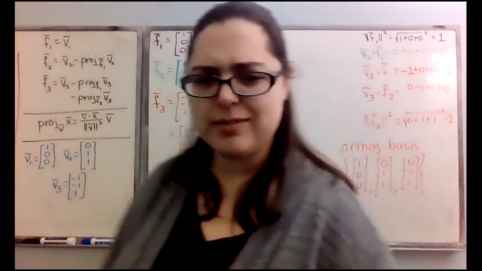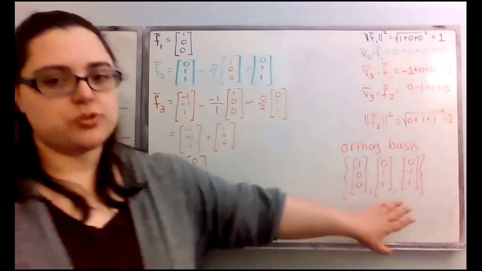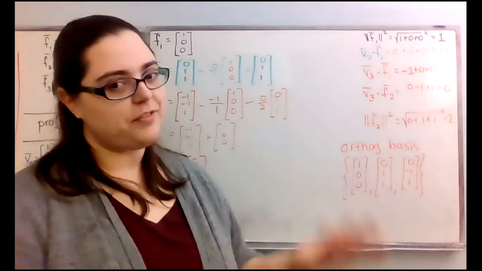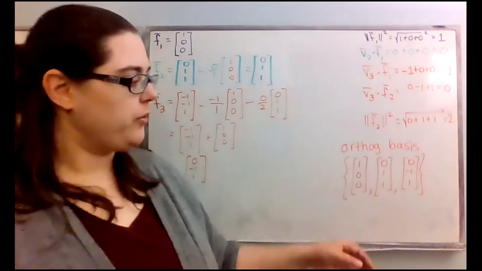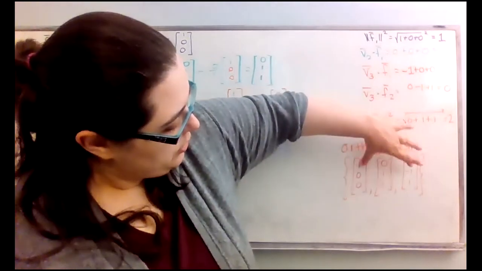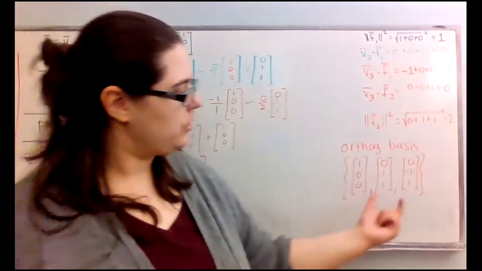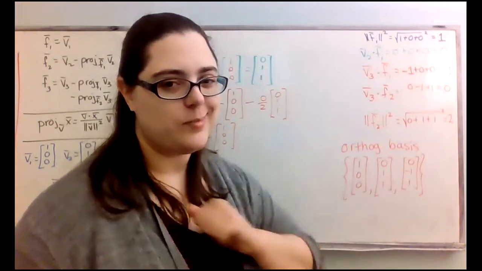All right, not too bad in this case. Got pretty nice for us. To check that this is orthogonal, remember our inner products have to all be 0. So I would find a dot product between each of these, make sure it's 0. So we have 0, 0, 0, good. 0, 0, 0, good. 0, -1, plus 1 is 0, good.